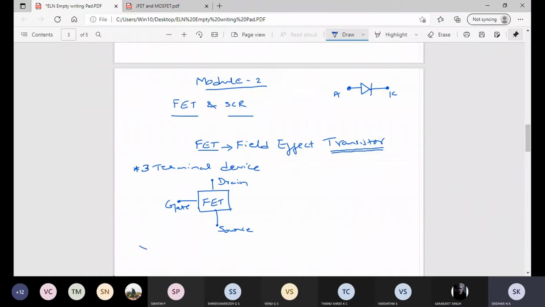And it is a unipolar device. What is meant by unipolar?